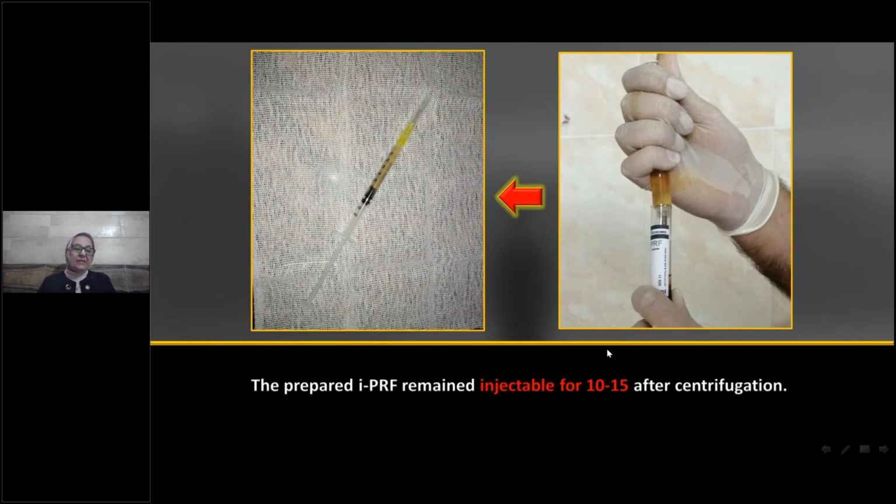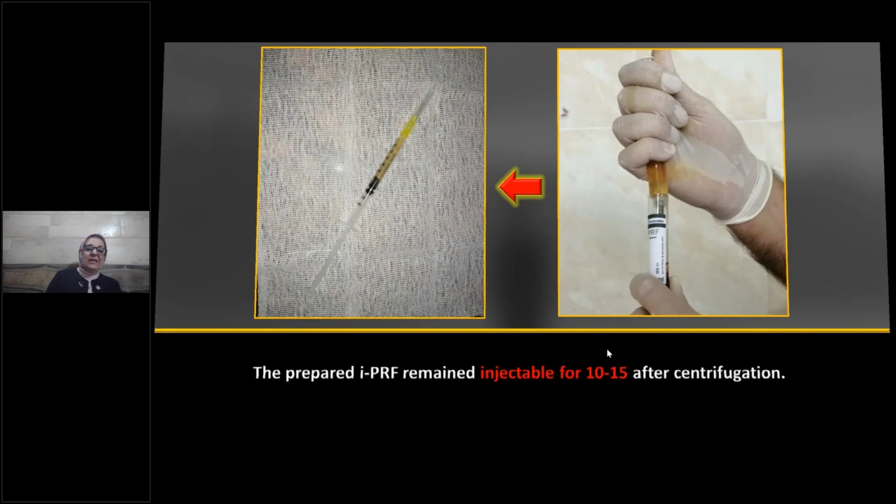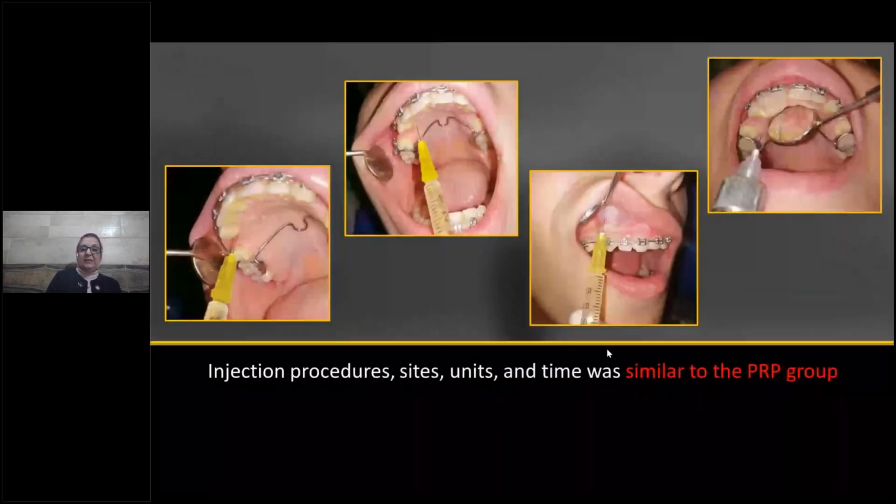We injected with injectable PRF immediately after centrifugation in our patients. Injection procedures, sites, units, and times were similar to the PRP group: distobuccal, interligamentally in the middle, and distopalatal.